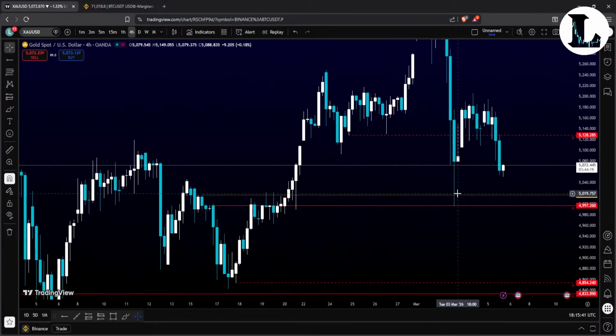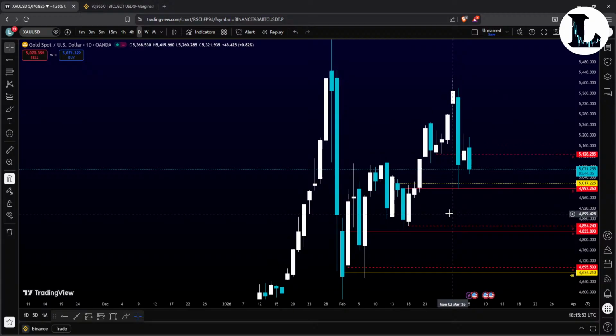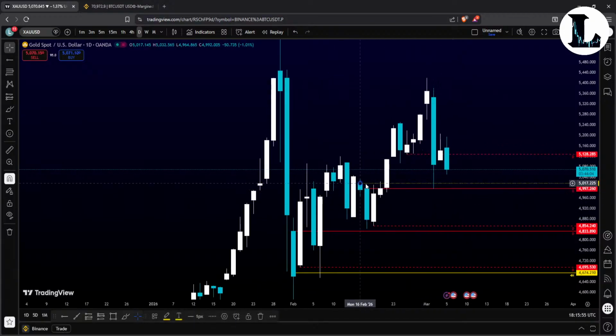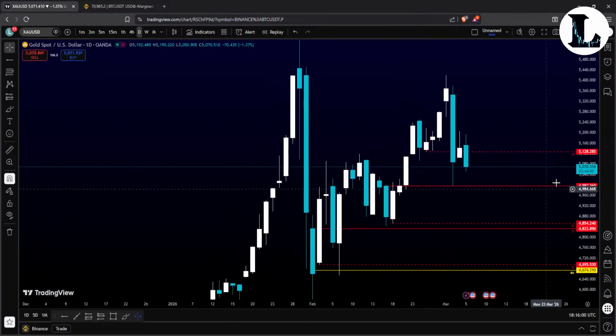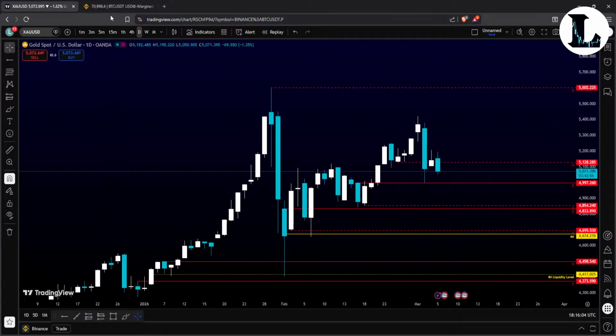We came down and we have another reaction there, even though on this level we already had the daily. So the price can easily go to the daily because it's going to be a stronger level than the 4 hour here. Just for you guys to understand when the price might break down or break up, or have a big reaction especially.